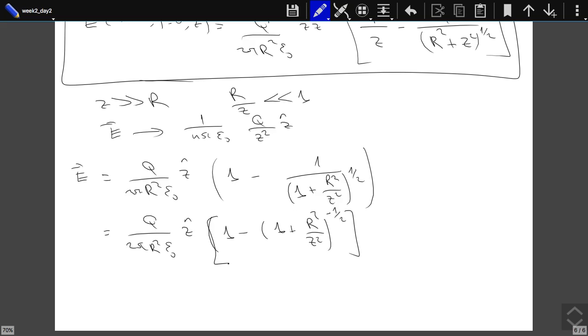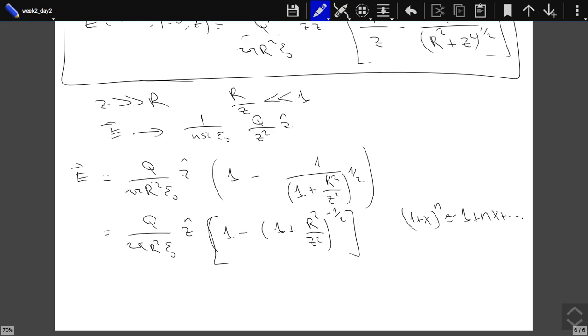Now I will use the so-called binomial expansion, which is just a special form of the Taylor expansion. 1 plus x to the power of an arbitrary number n, and it can be real, imaginary, positive, negative, whatever, will be approximately equal to 1 plus n times x, plus higher order correction terms proportional to x squared, x cubed, etc. If x is very small, I can just keep the first term.